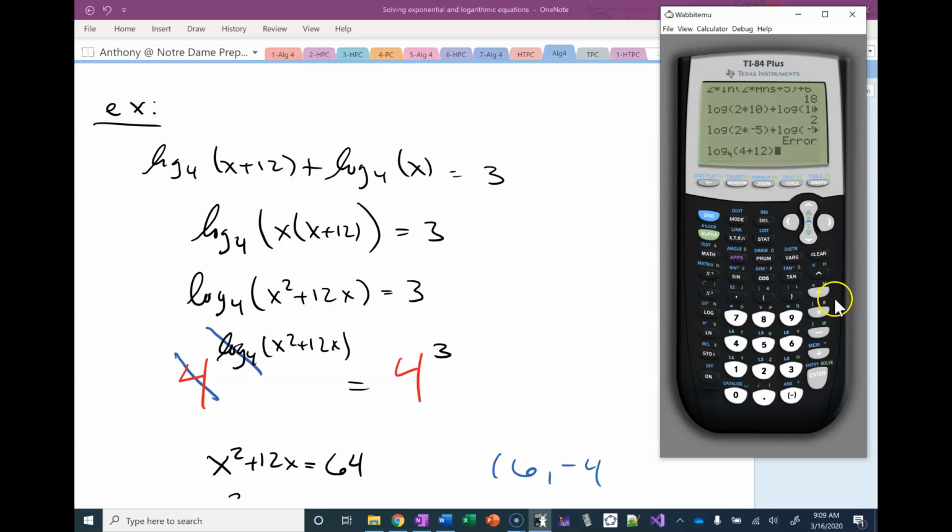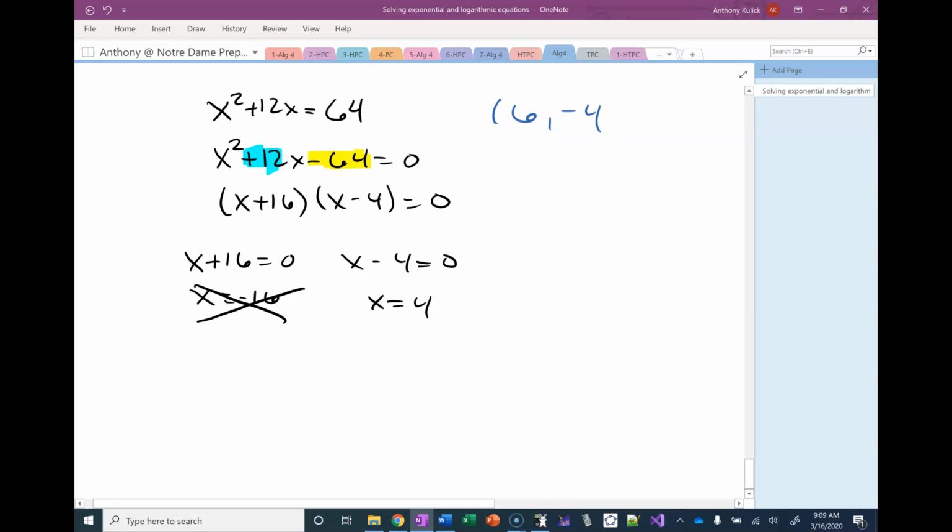So I have log base 4 of 4 plus 12 plus log base 4 of 4. Press enter. And I do indeed get 3 as I was hoping for. So I do have just the one solution.